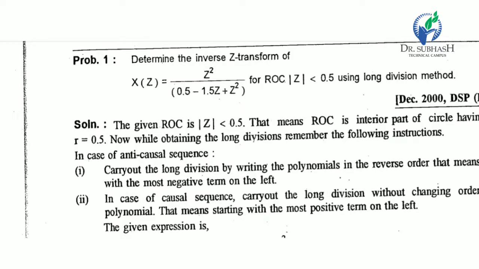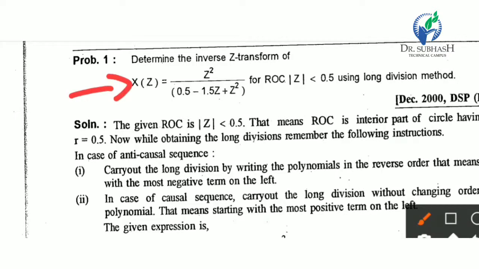Let's take one example for our better understanding. Determine the z transform of X(z) = z^2 / (0.5 - 1.5z + z^2) for ROC |z| < 0.5 using the long division method.